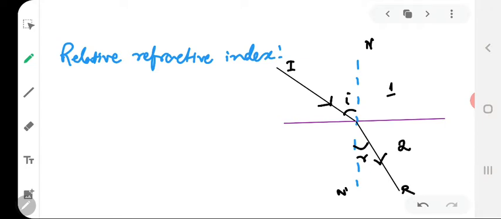So if we consider a material medium 2 surrounded by another material medium 1 and let the light go from medium 1 to medium 2, then the refractive index of medium 2 with respect to medium 1 is known as the relative refractive index of medium 2. The question arises how to define it.